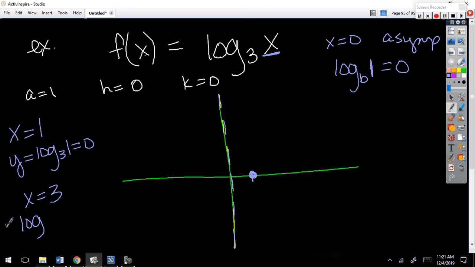And so now y equals log base 3 of 3, which is what I wanted because when those are the same, I get 1 because this exponent here is 1. A little bit easier than the last one.